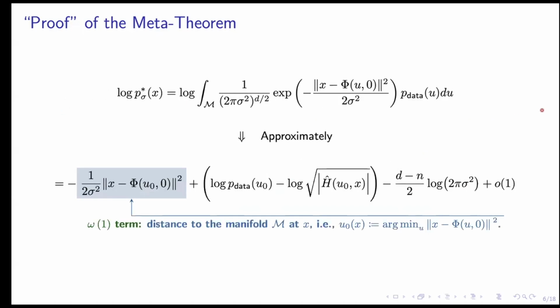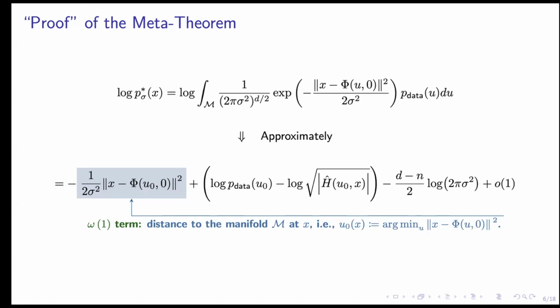Then we do an expansion of this function with respect to sigma. Mathematically, we use the Laplace method to approximate this integral. We find that the very leading term, of order 1 over sigma squared, is purely a geometry term. It's just the distance to the manifold.